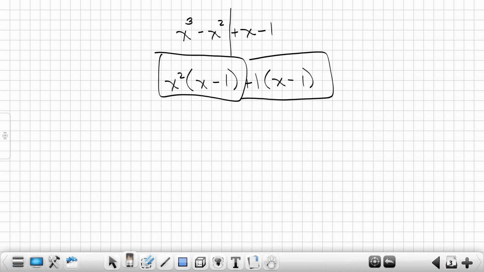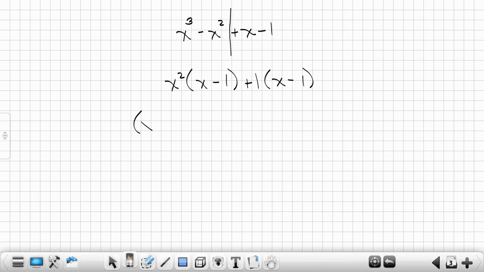So what could I factor out of each item? Leticia is right. X minus 1 is what I could factor out of each item. They both could give out an x minus 1. So out in front of all of it, I factor out an x minus 1. If I factor x minus 1 out of this first object, what's left over? X squared. If I factor x minus 1 out of this object, what's left? Plus 1. And it's factored.